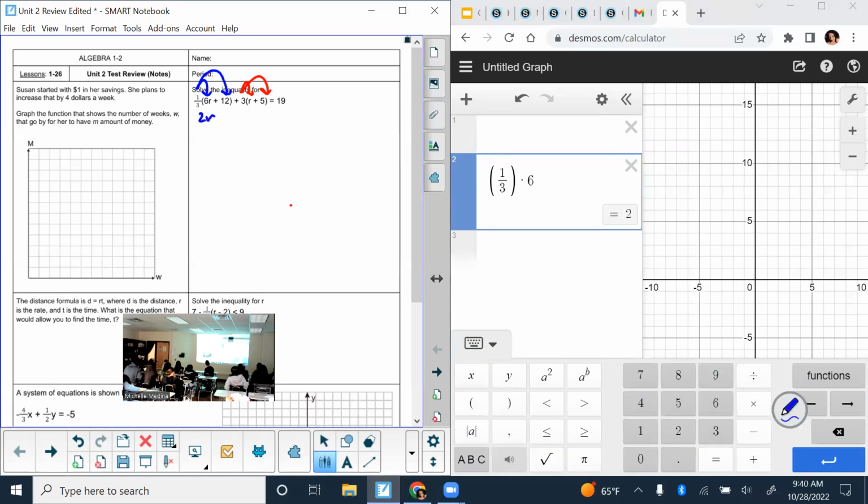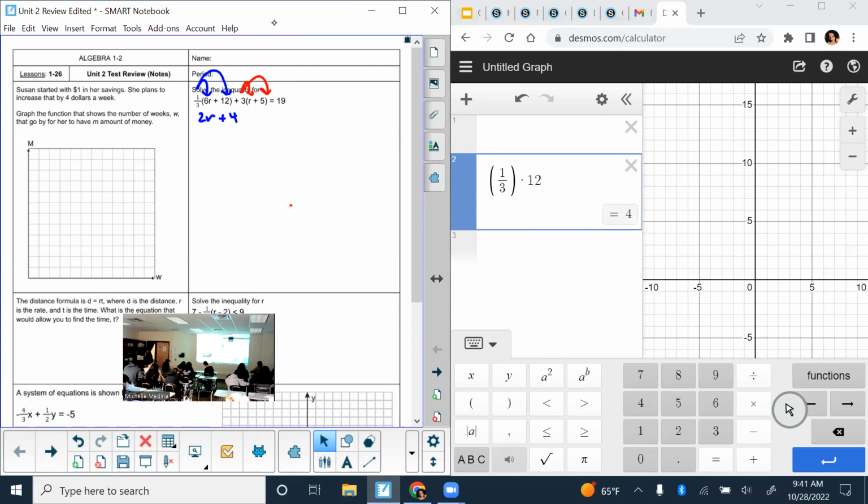2R. All right, and then you do the same for the 1/3, so 1/3 times 12. All right, so what's 1/3 times 12? 4, and it's a positive 4, so put +4. Easy enough?